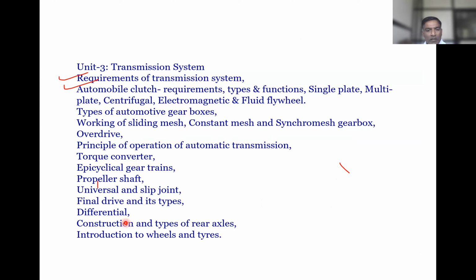These types of rear axle are based on how load is transferred to the ground via different elements, and whether the axle has to rotate or it has to take the load as well. Based on that, there are different types of rear axle. And finally, an introduction to wheels and tires that we are going to see in this unit.